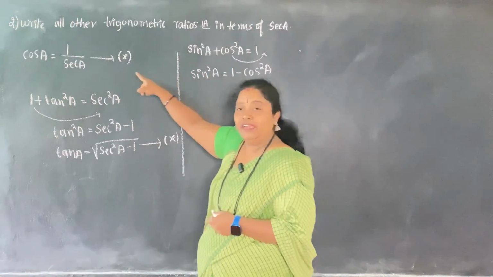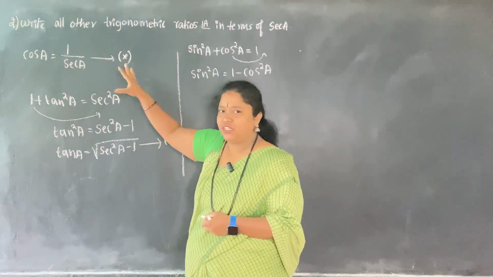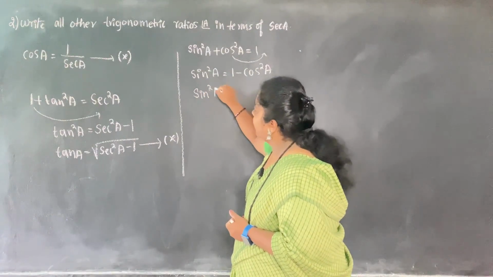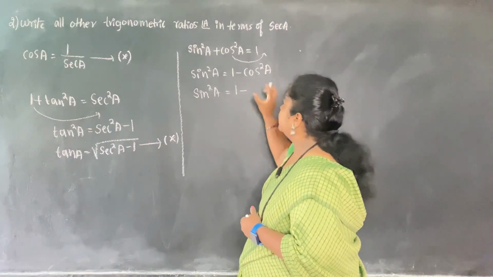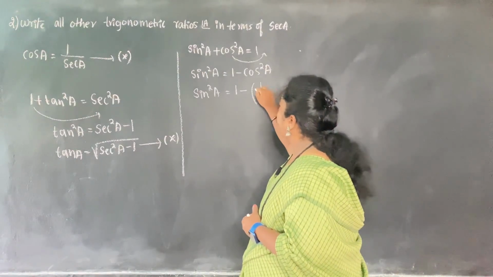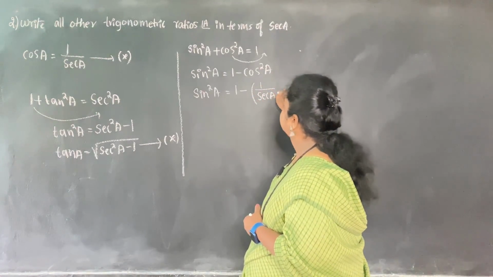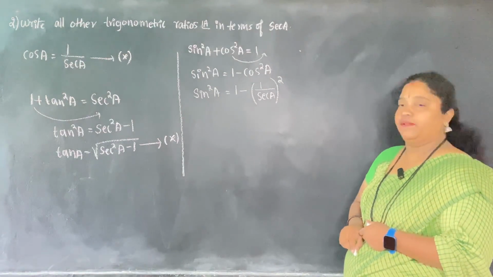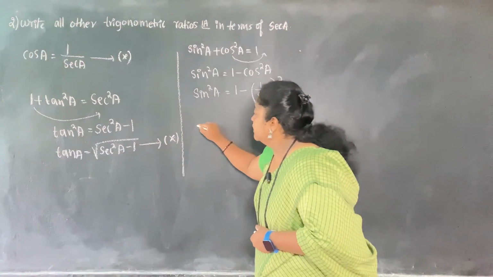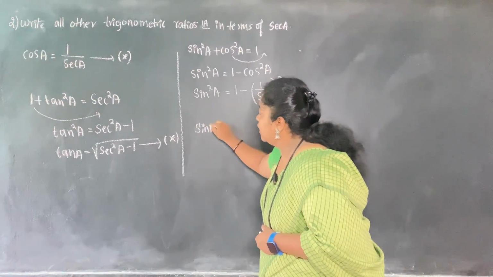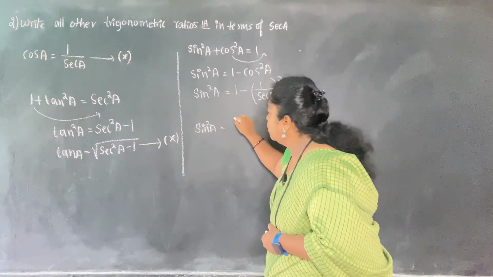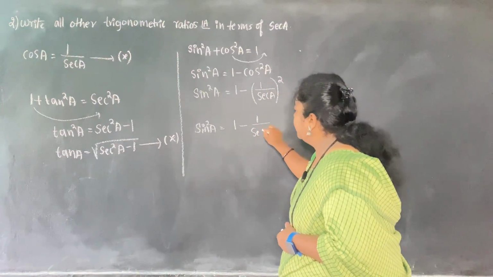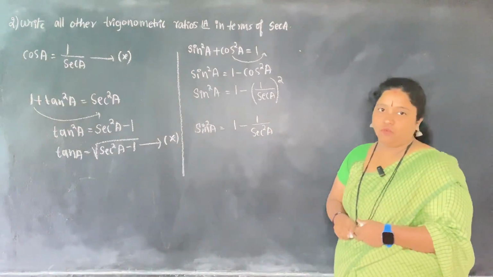Cos I have already represented in terms of sec. I'll just substitute it. Yes or no? So sine square A is equal to 1 minus, in place of cos, I'll write 1 by sec A the whole square. Now 1 square will be 1, sec A square will be secant square A. This is what I got.